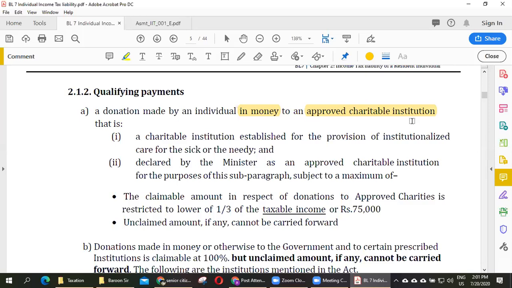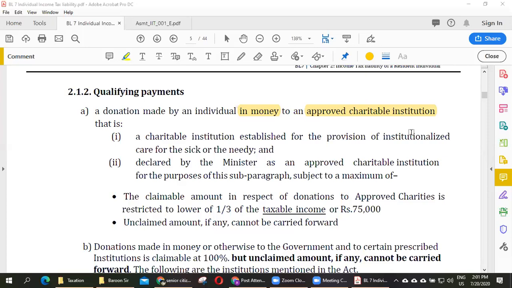The Ministry of Finance should recognize them and they will publish the list of institutes in the Gazette notification. Through the Gazette notification, they will inform the general society. So these are the approved charitable institutions.